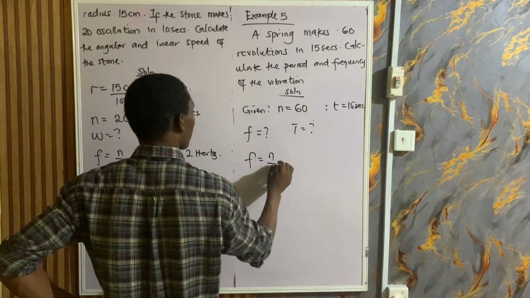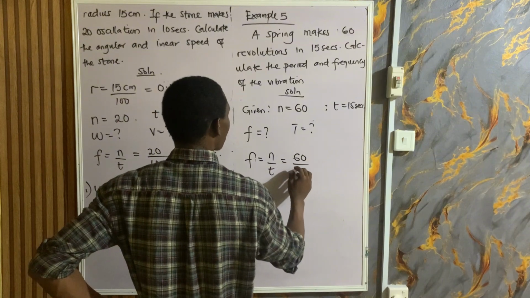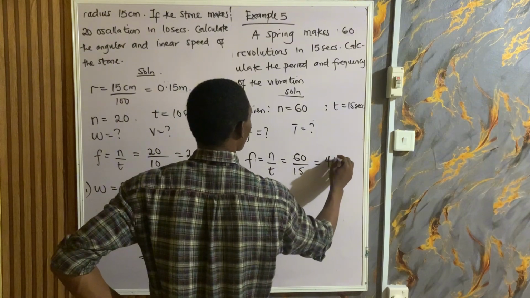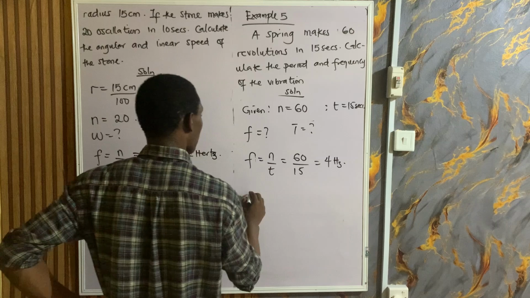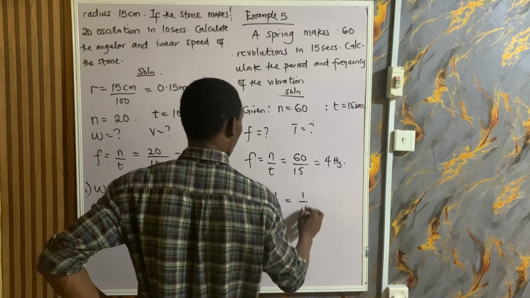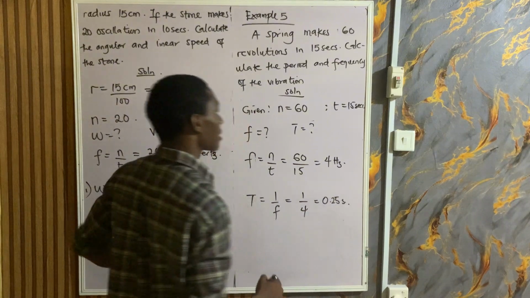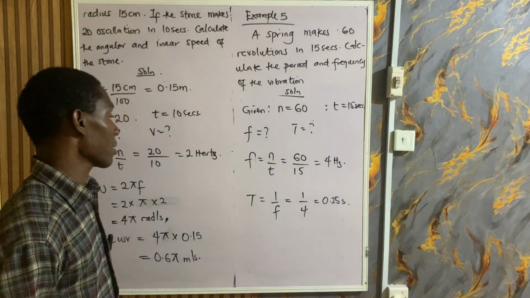Frequency is n over t. The n is given as 60. The time is given as 15. So this will give me 4 Hz. The next one is the period. Period is 1 over frequency. So that will be 1 over 4, which is 0.25 seconds. So that's that about this example 5.